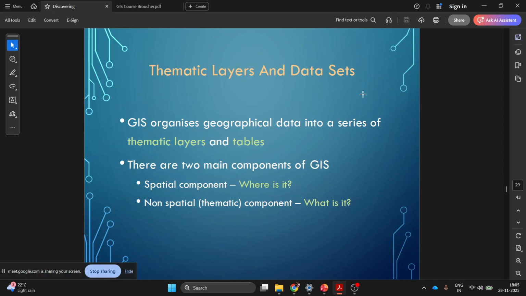Whereas in the case of the non-spatial component, it is like what is the color of the car, whether the car is of this company make, whether it was bought in 2019 or 2018. So that kind of data is associated. There are two main types of data: the spatial component, where it is, and the non-spatial component, what it is.